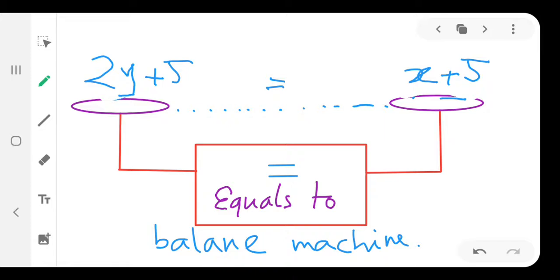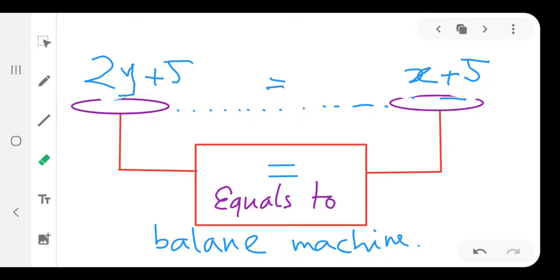For example, let's say 2 by 5, I can multiply anything up and the same thing I have to multiply down in order to keep the whole fraction the same. This is called a similar fraction. Or we can divide anything up and down, but the same thing has to be done.